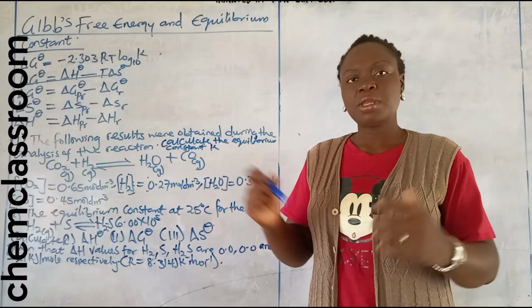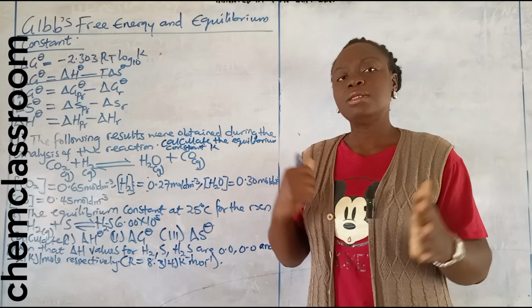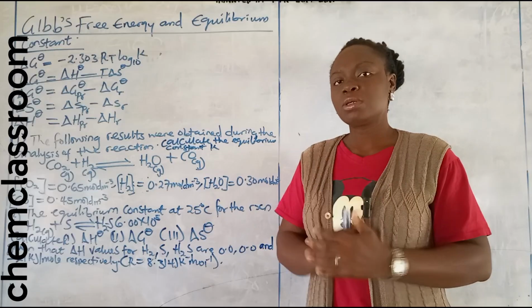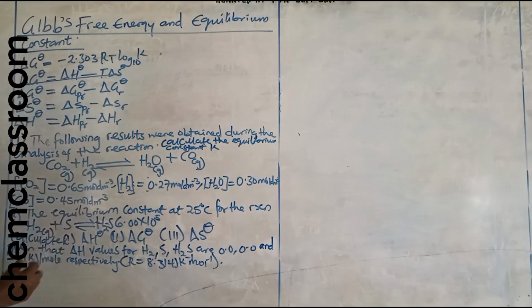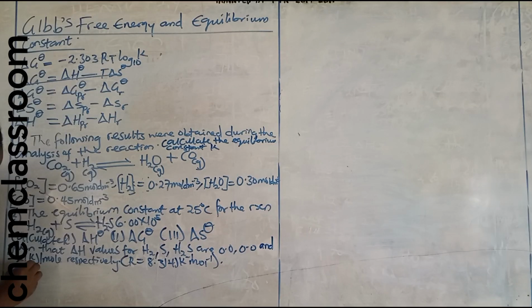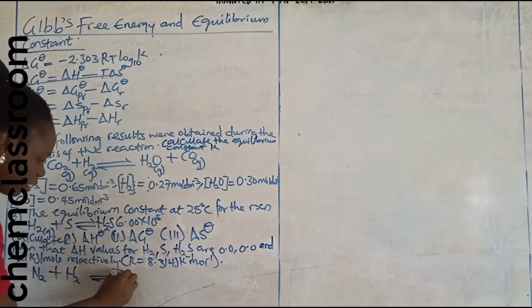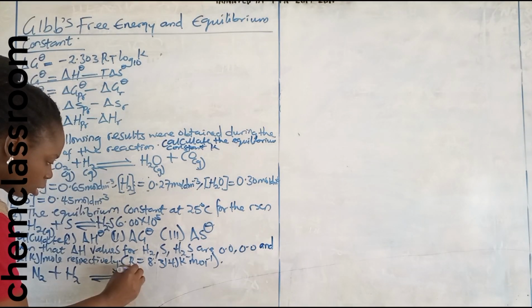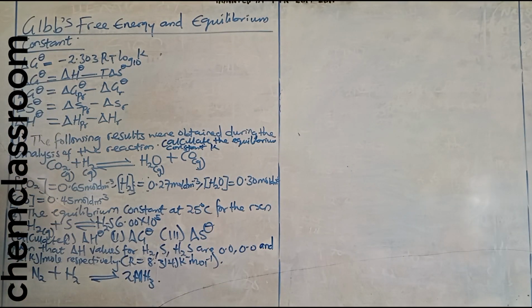So I'll be using our ammonia as a very good example, and I'll be writing the equilibrium constant for the forward reaction. So you have something like this, the formation of our ammonia, N2 plus what? The hydrogen gas is a reversible reaction through the Haber process. So you have the 2NH3. So let me balance the reaction. So we have something like this.